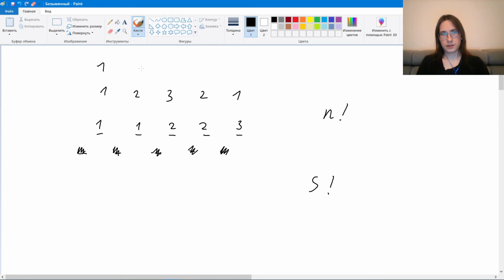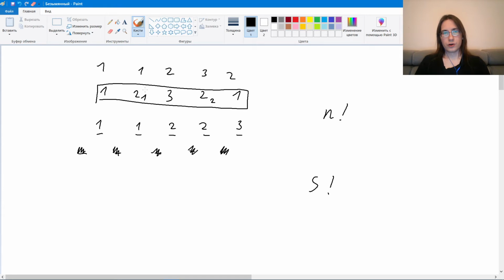Let's call this another unique image. For example, 2, 3, 2, and so on. So there are very many unique images. But each of them corresponds to the same amount of permutations, because these two can be the first two from the original array, and these two can be the second two from the original array, or these two can be the second from the original array, and this can be the first. So the same with those ones.